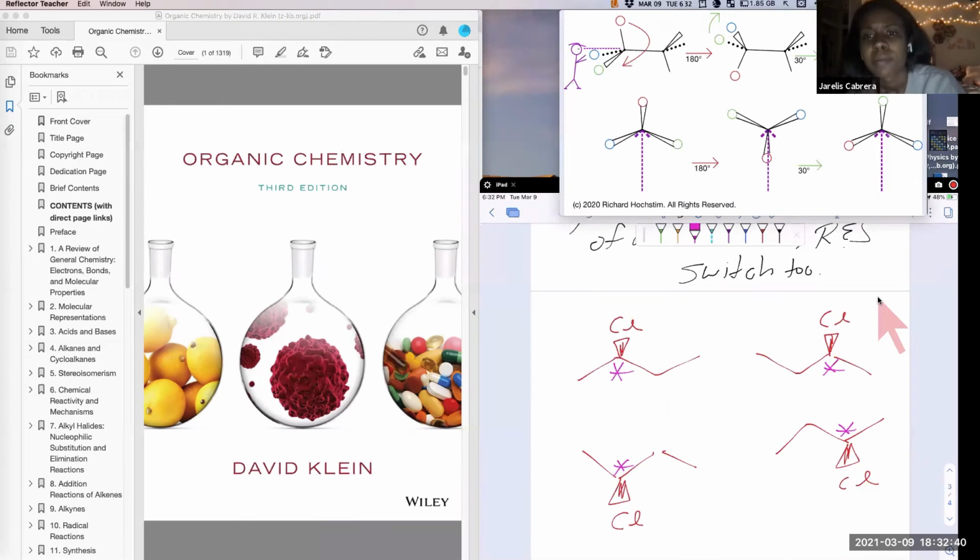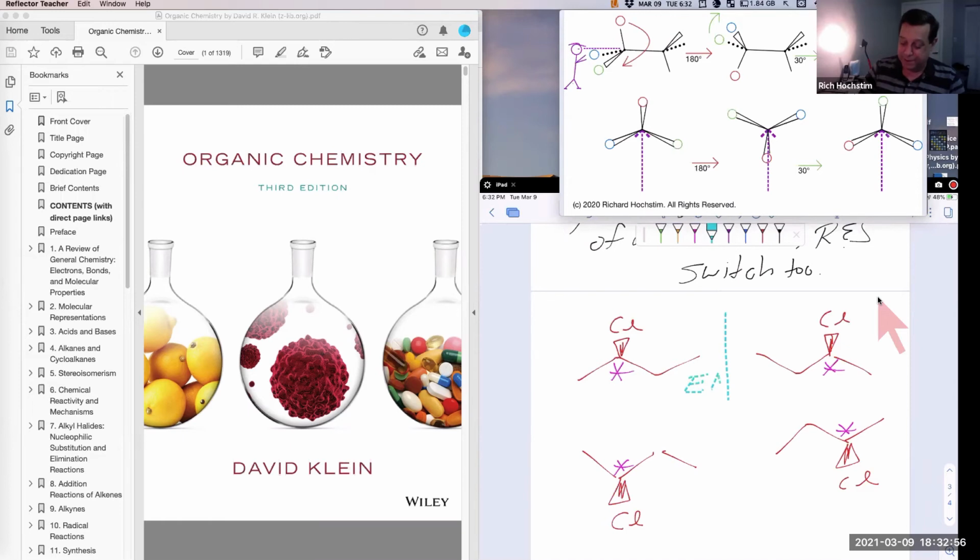So what happens over here is, do you agree that those are mirror images? Yes, because you just flip it. Yes. So those are enantiomers, right? Okay. Do you agree that these are mirror images? Yes, because you flip it down.